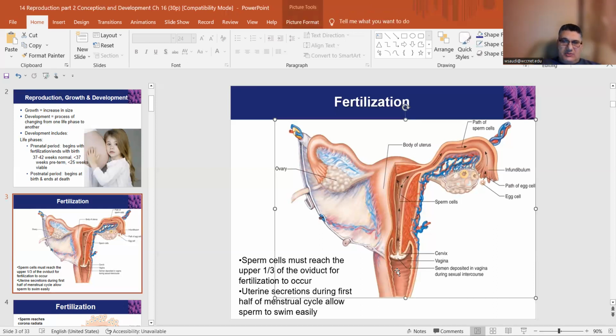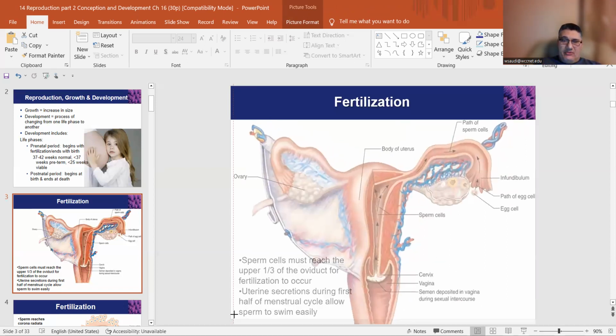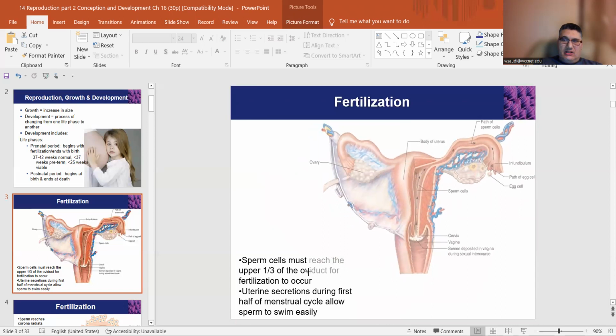A lot of these sperms will go up from the vagina to the cervix to the uterus, moving all the way, if there is sexual intercourse and if there are viable sperms moving up.